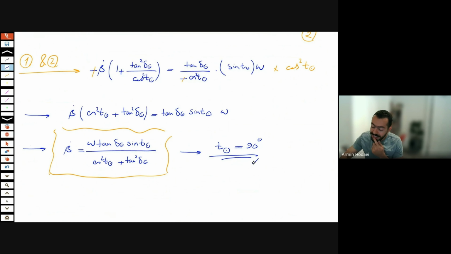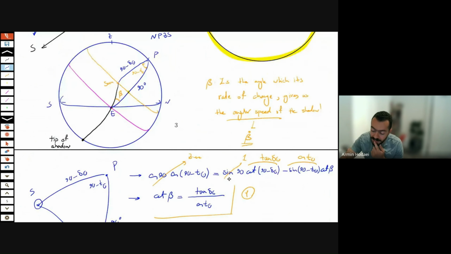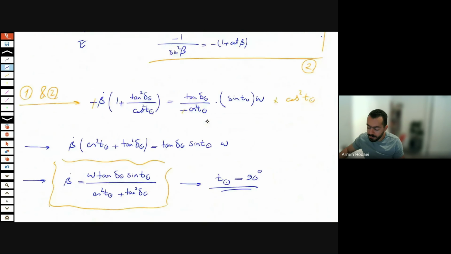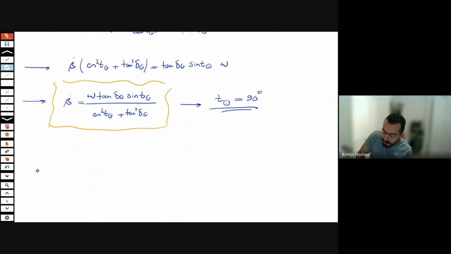But when t is equal to 90 degrees, which means exactly the sun is at this point, you're going to have the maximum rotation. So that being said, beta dot max is going to happen where t naught is 90 degrees.